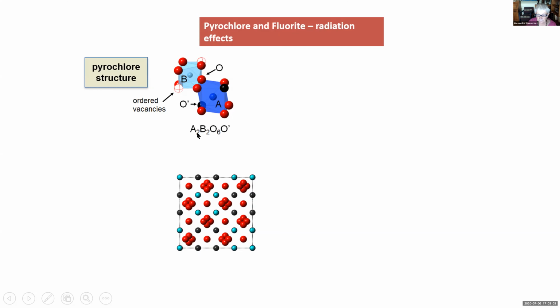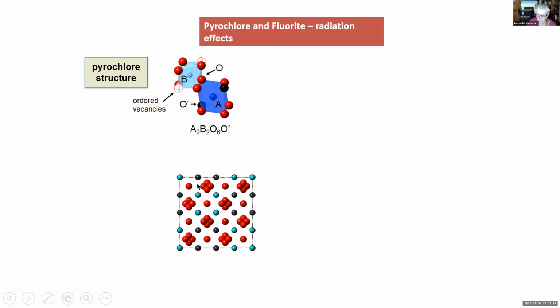If you write the fluorite structure per 8 oxygens, it would be A4O8, keeping the 1 cation to 2 anion stoichiometry. If you write the ideal pyrochlore structure, one can write it as A2B2O7, with 1 oxygen vacancy and 2 different kinds of cations. In reality, the pyrochlores are much more complicated than that, and I do not have time to go into it.